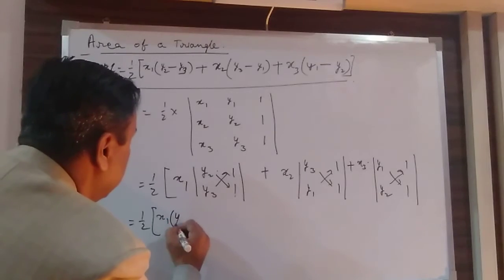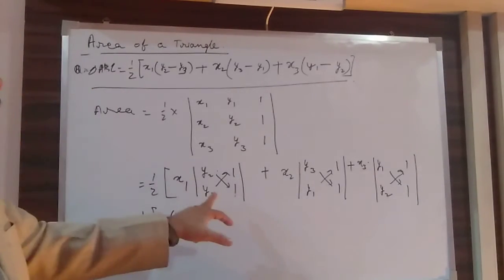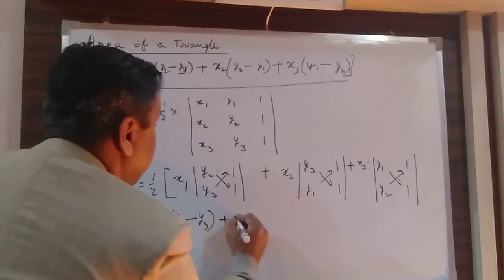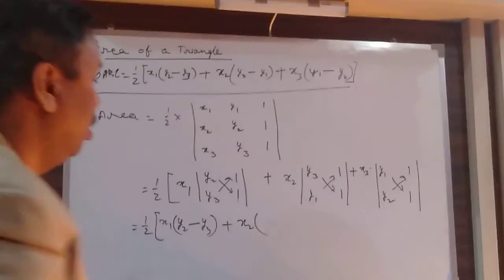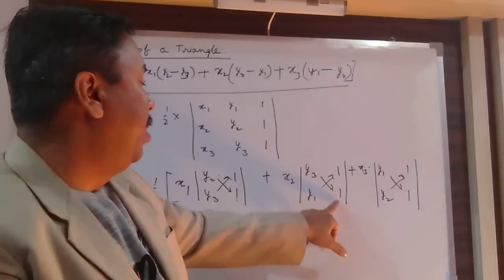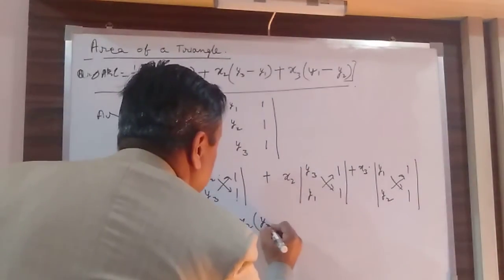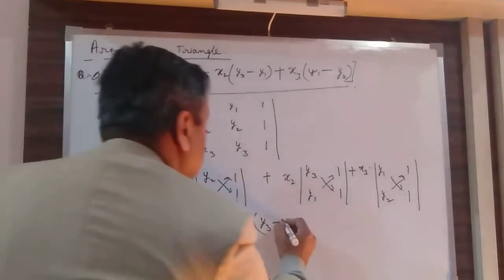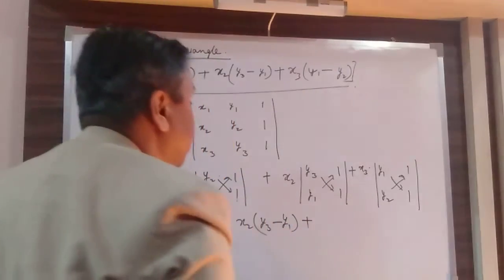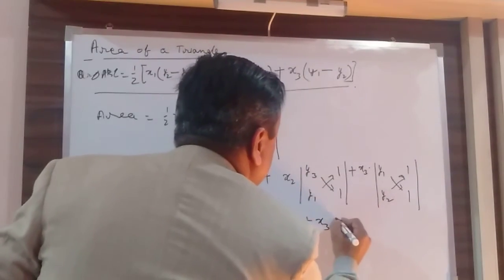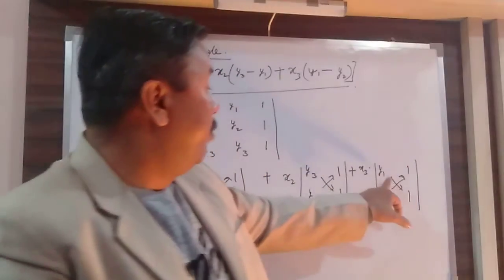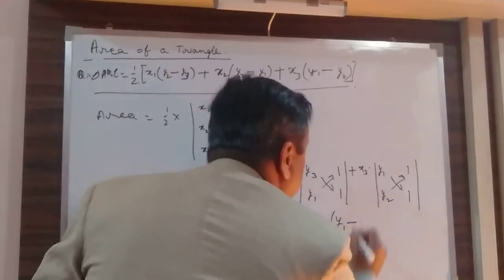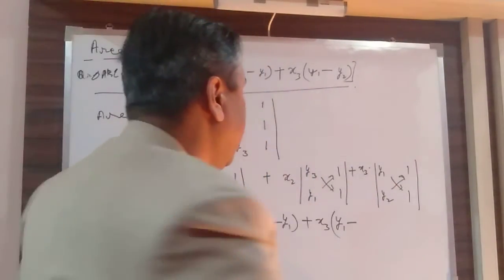Just y2, minus y3 multiplied by 1, plus x2 under bracket y3 multiplied by 1, minus y1 multiplied by 1, plus x3 under bracket y1 multiplied by 1, minus y2 multiplied by 1.